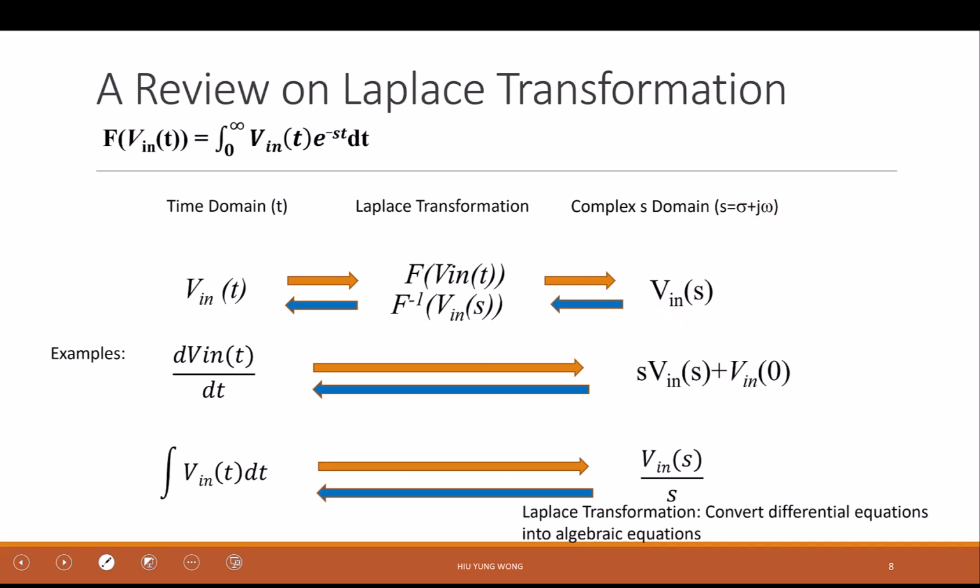And you can do the inverse transformation also, right? Why is this great? If you have a differentiation in the time domain, if you do a transformation, it becomes just a multiplication in the frequency domain. If you have an integration in the time domain, it becomes a division in the frequency domain.